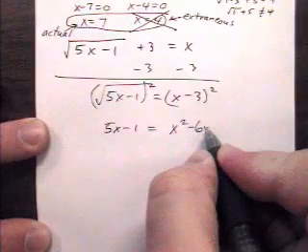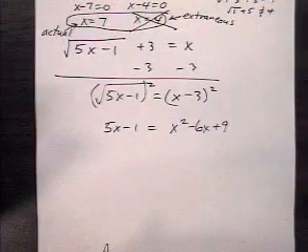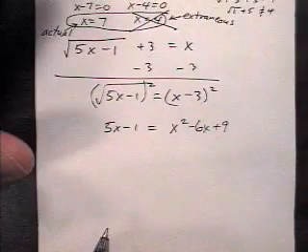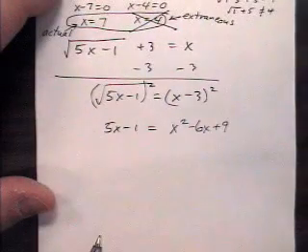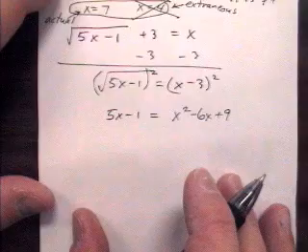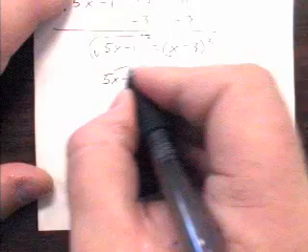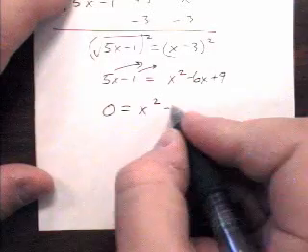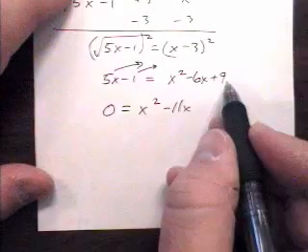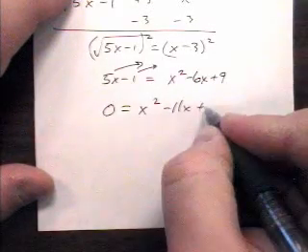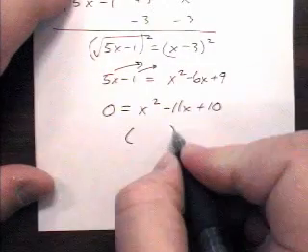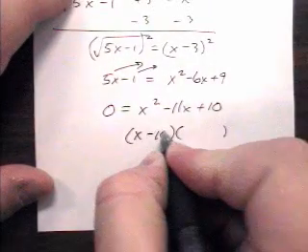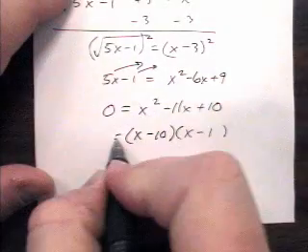X squared minus 6x plus 9. If you want to write that out and FOIL it, that's a good idea. Then we can move everything over to this side. X squared minus 11x, 9, positive 10. See if we can factor it. X minus 10, x minus 1.